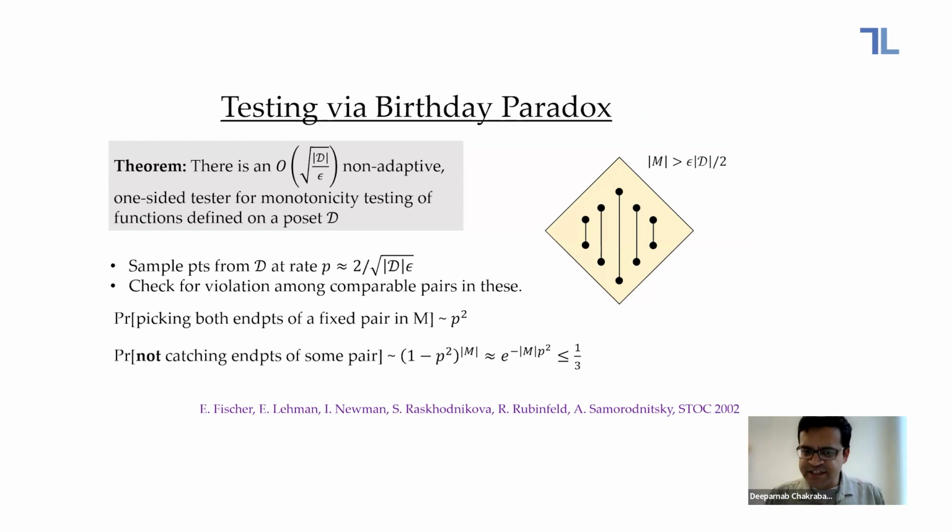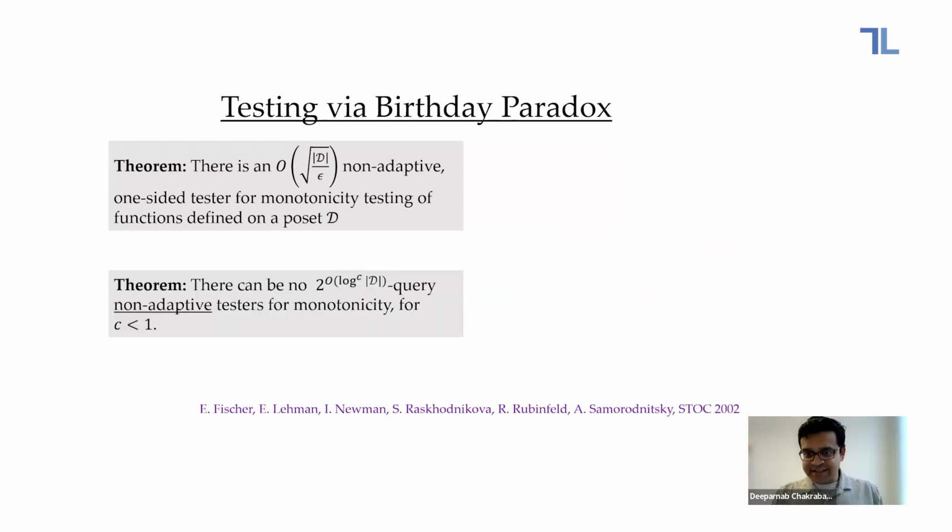Other questions for this? This is a very simple and in some sense an exercise that can be given in a randomized algorithms class. It's a nice exercise if you're teaching this. So this is a result in Fisher et al.